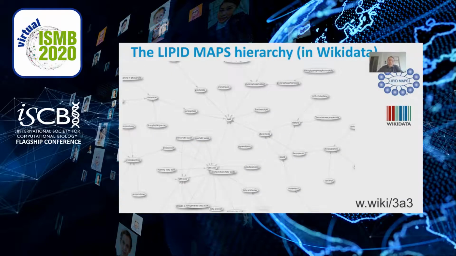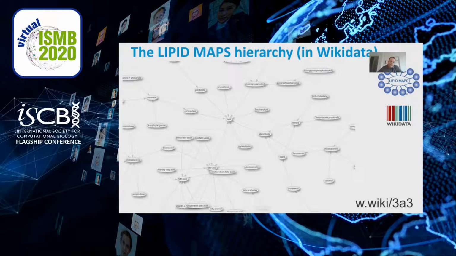Another aspect of Lipid Maps, of course, is the hierarchy that Lipid Maps provides for all these lipids. What we can see in this diagram here in the middle, we see lipid and a number of subclasses like sphingolipids, sterol lipids, glycerolipids, etc. And each one of them having further subclasses.